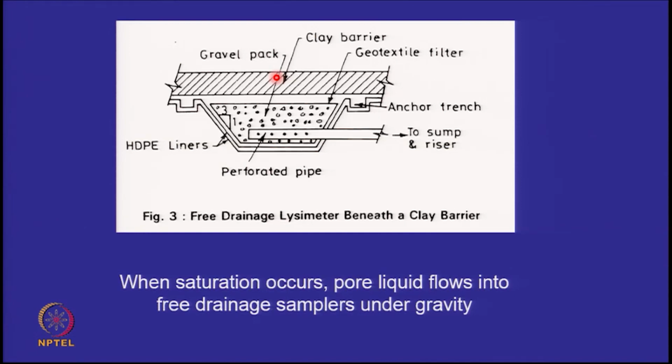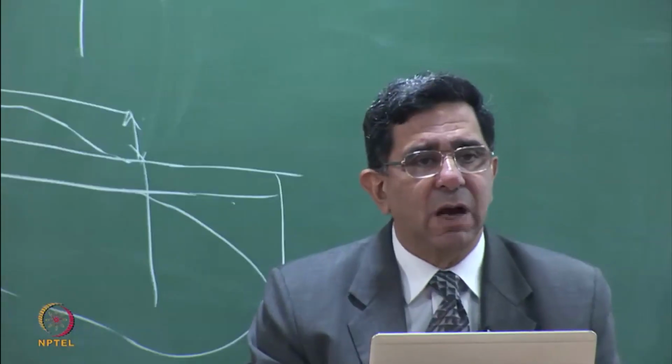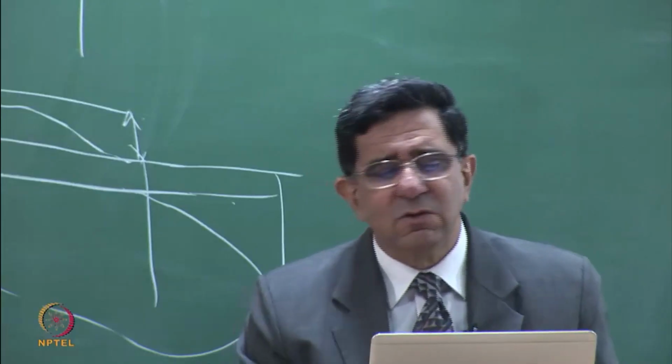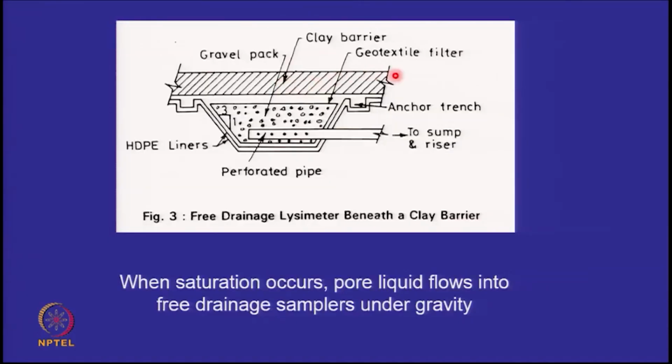If you are wanting to do free drain samplers, that means I only want to know when the liquid is coming out. I am not interested whether it is held. As long as it is held, it is not going down. So here, for example, is your clay barrier, and underneath that you can make a free drainage lysimeter, not under suction. You just put a gravel pack, put a filter between the clay and the gravel pack, and put a pipe, and it will be sloping and coming towards a sump at the side.